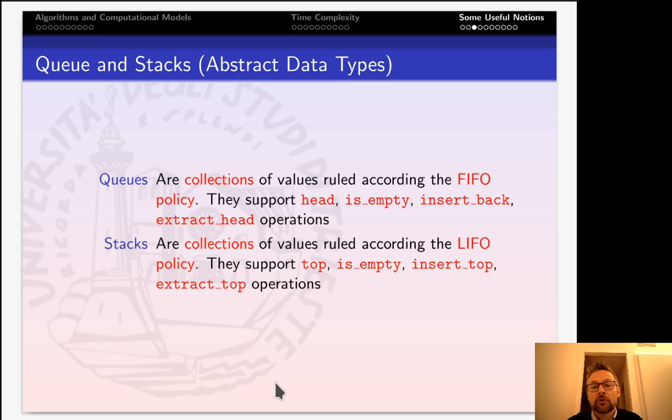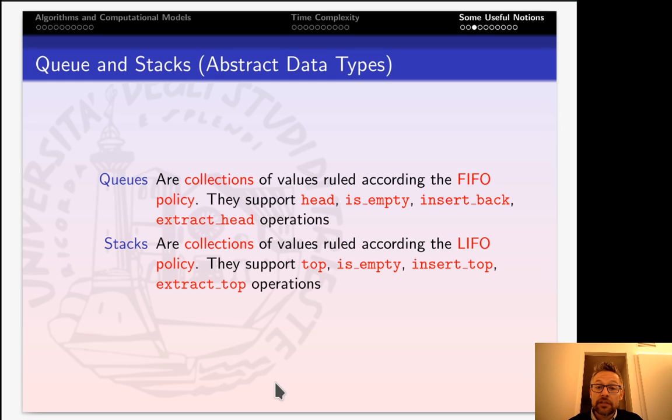This is basically what you do when you are trying to enter into a concert. So you wait for your turn in a list, basically in a queue. Or what you do when you try to buy some ham in your favorite market.